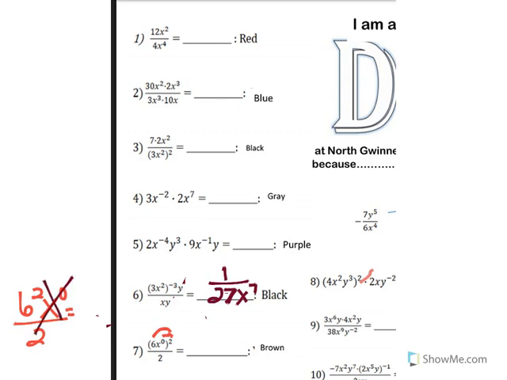And then we have 6 squared, which is 36, divided by 2. Remember that 36 divided by 2 equals 18, which is rare, since we rarely get whole numbers for our answers. So wherever the 18 is, you're going to color that brown.